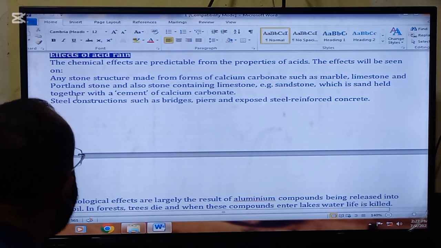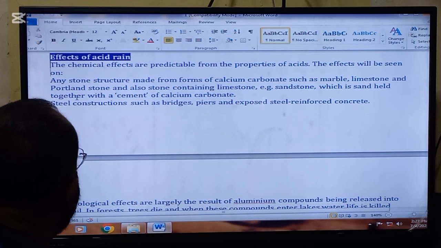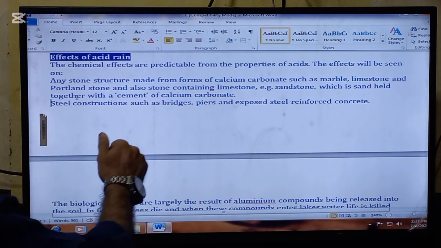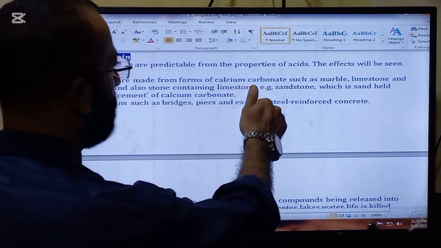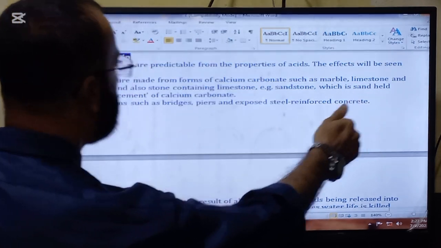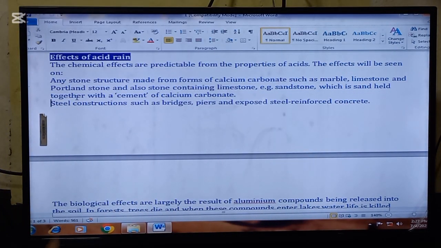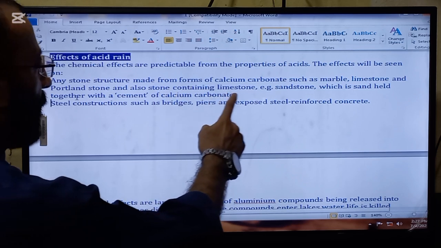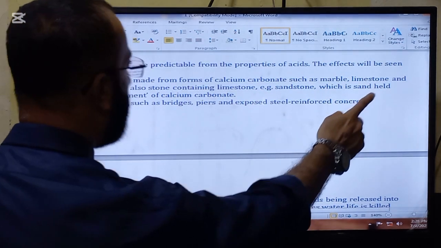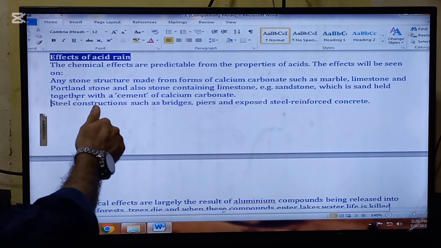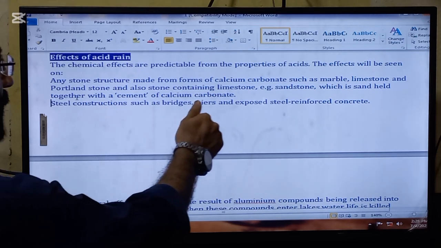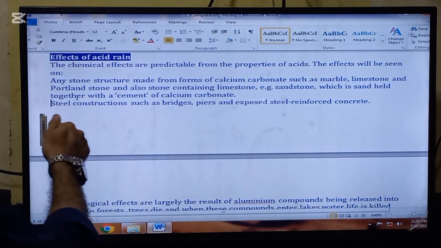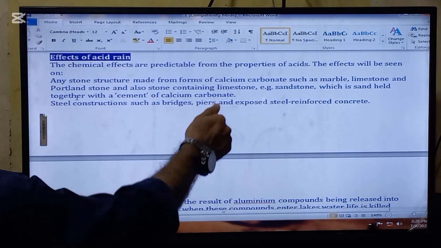Okay, the next thing that we are going to read is the effects of acid rain. The chemical effects are predictable from the properties of the acids. The effects will be seen on any stone structure made from forms of calcium carbonate such as marble, limestone and Portland stone, and also stone containing limestone, for example sandstone, which is sand held together with a cement of calcium carbonate.